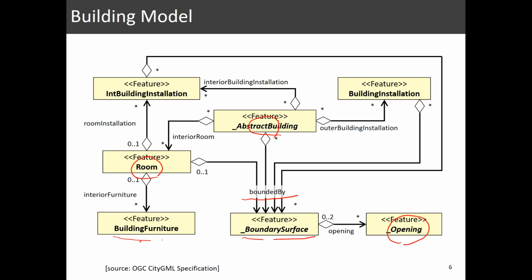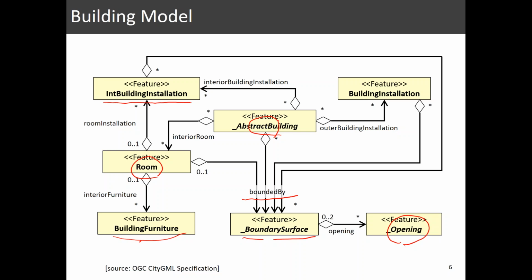And in a building, in a room, there are many building furniture like a table or chairs or a library and so on. And also in a room, we can place interior building installation like a stair or some other building component placed in a room or a building.